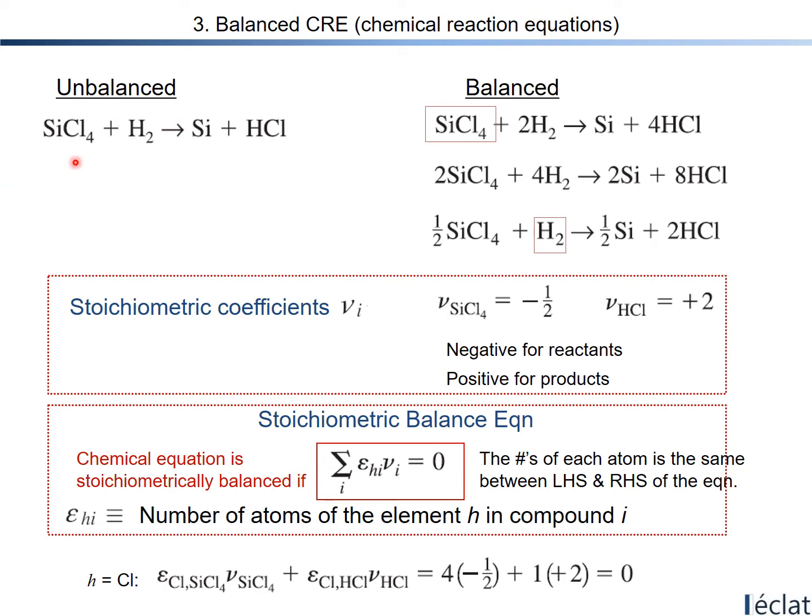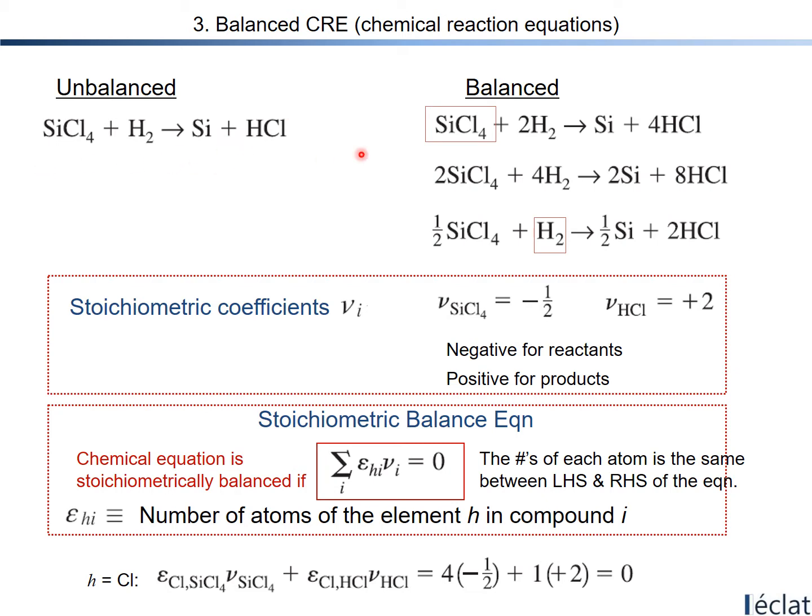Here is one example of a chemical reaction equation. Actually, it is an unbalanced chemical reaction equation, because we don't have any stoichiometric coefficients here. Tetrachlorosilicon plus hydrogen, and then silicon: tetrachlorosilicon is reduced into just silicon plus hydrochloric acid.